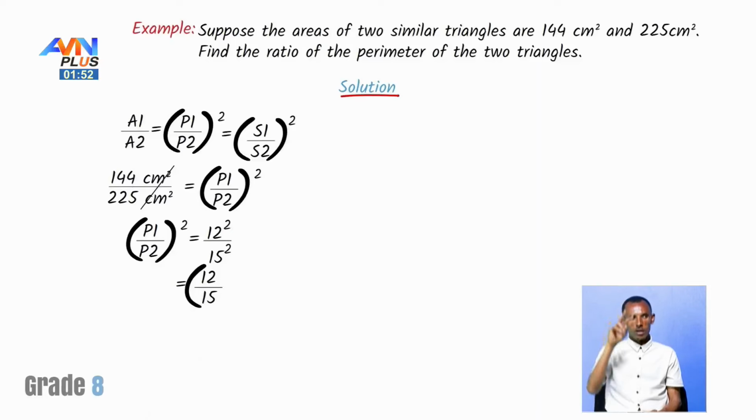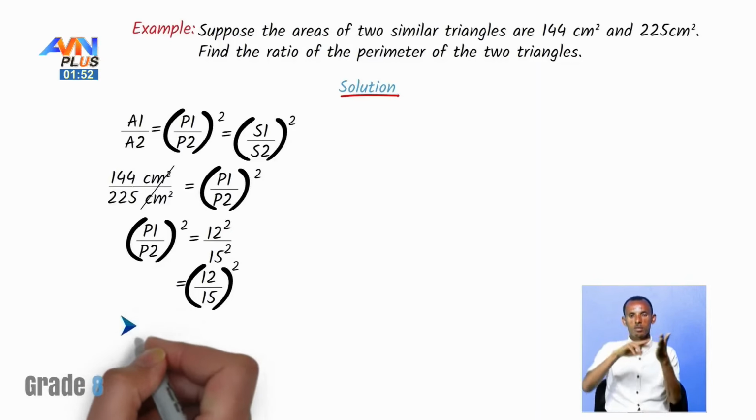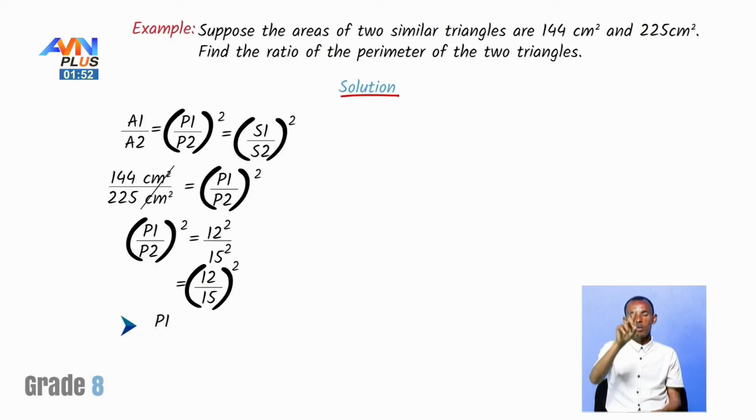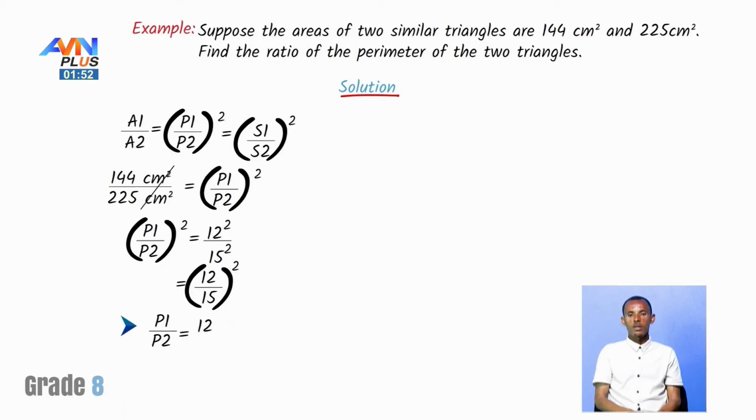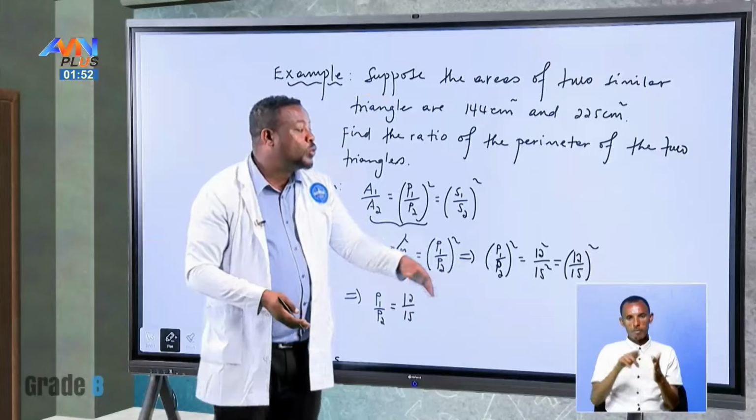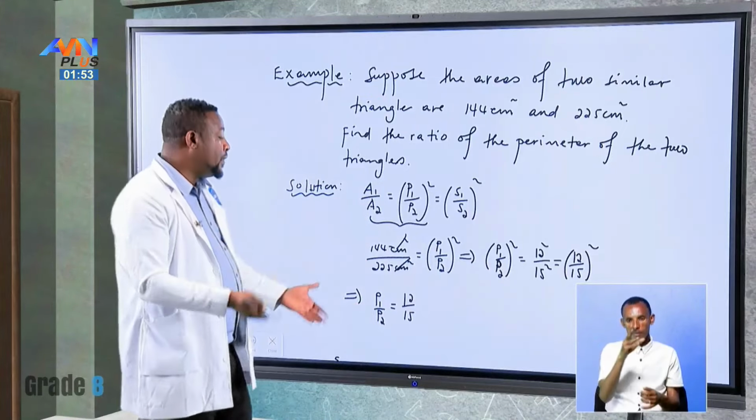Taking the square root of both sides, P1 by P2 is 12 over 15.